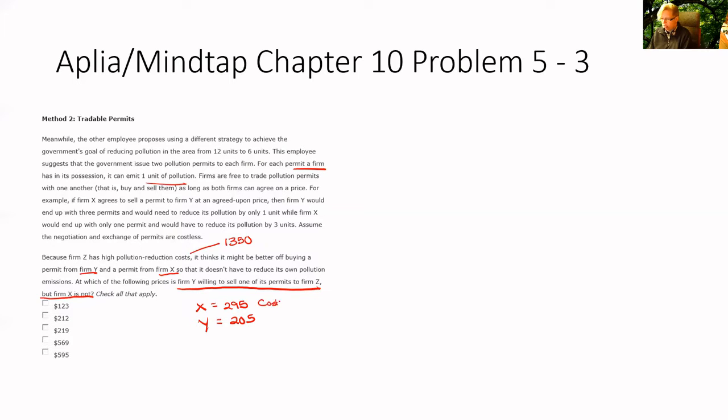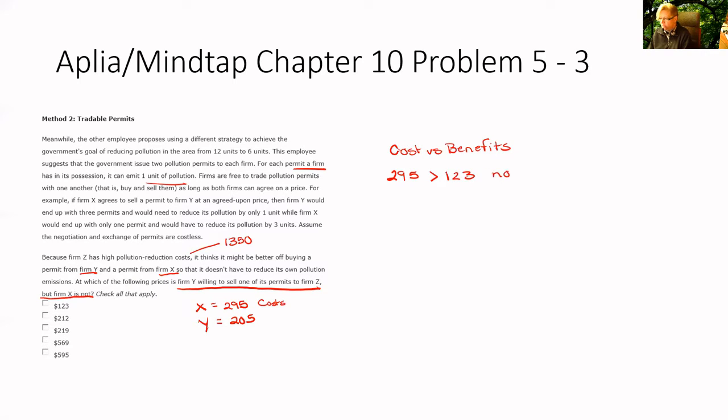So what essentially we're doing is a cost versus benefit for each of the firms, specifically X and Y. So if their cost is $295 and they can only benefit from this $123, they would say no.